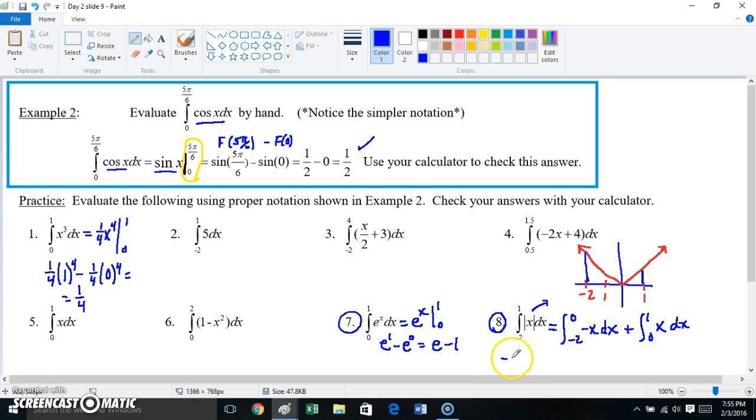So we're going to get -1/2 x squared evaluated from -2 to 0 plus 1/2 x squared evaluated from 0 to 1. First antiderivative, -1/2 x squared evaluated from -2 to 0 would be 0 minus a -2.